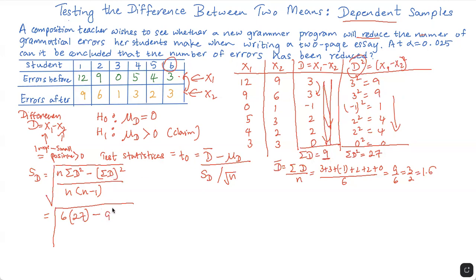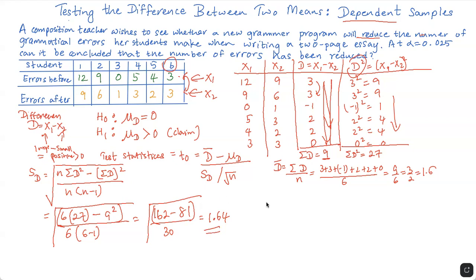So 9 and take the square, divided by the sample size 6 and 6 minus 1 here. So if you simplify this one, it is 162 minus 81 divided by 30. So this value is 1.64. So the standard deviation of the differences is 1.64.